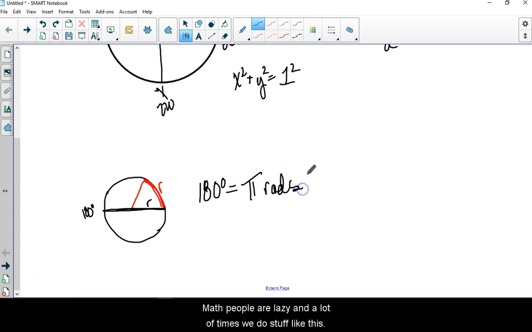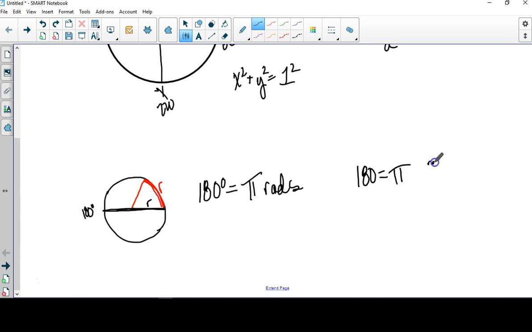Now, math people are lazy, and a lot of times we do stuff like this. That's not very good. 180 does not equal pi. It's a conversion. So let's say that you run a 5K. A 5K is about 3.1 miles. But 5 does not equal 3.1, right?